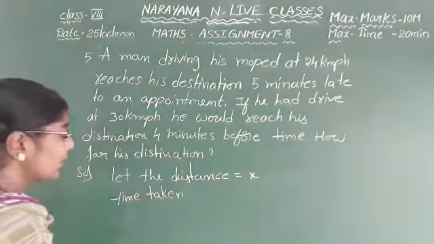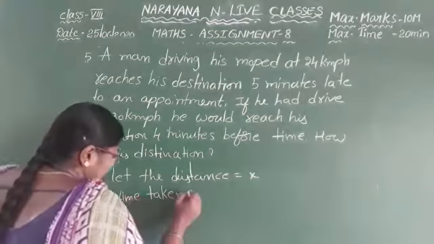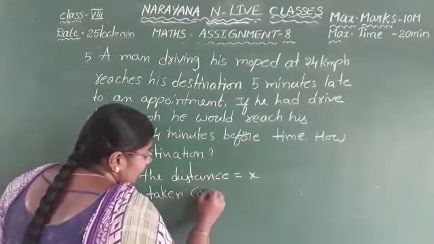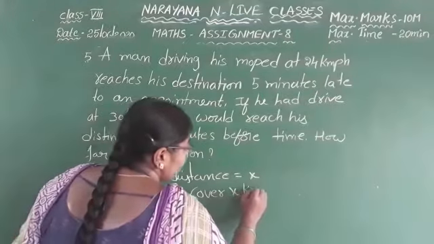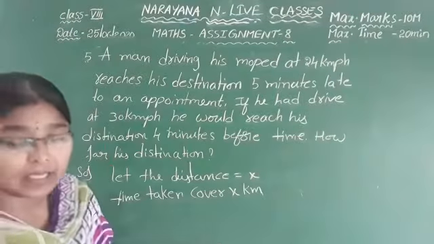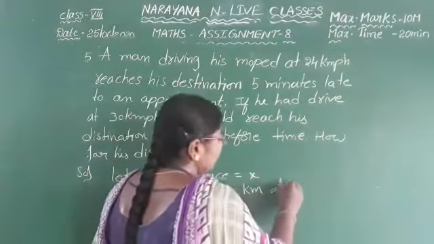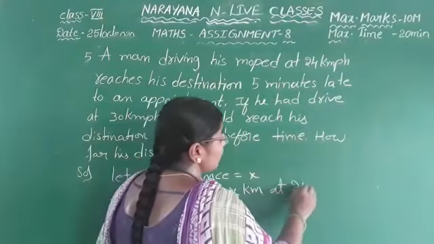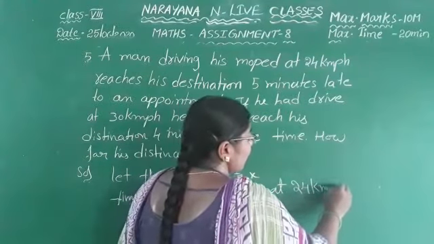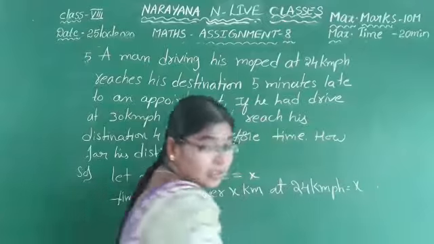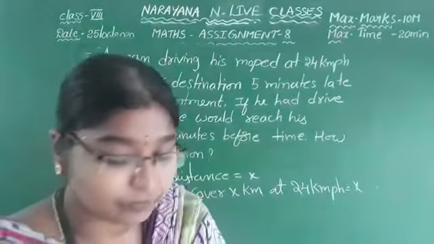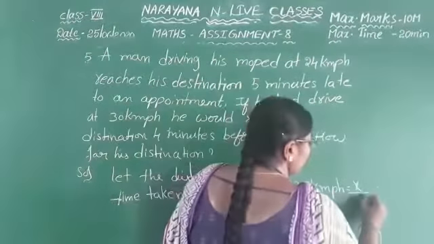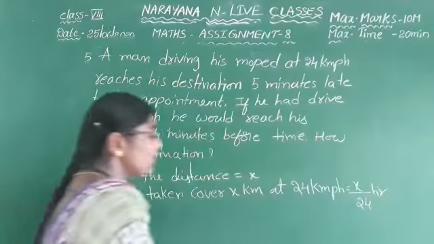The time taken to cover x kilometers at 24 kilometers per hour is equal to x by 24 hours.